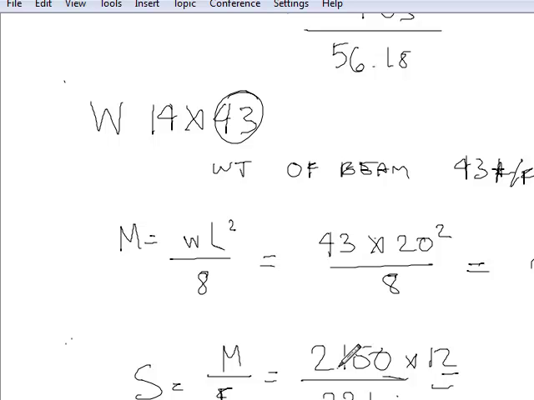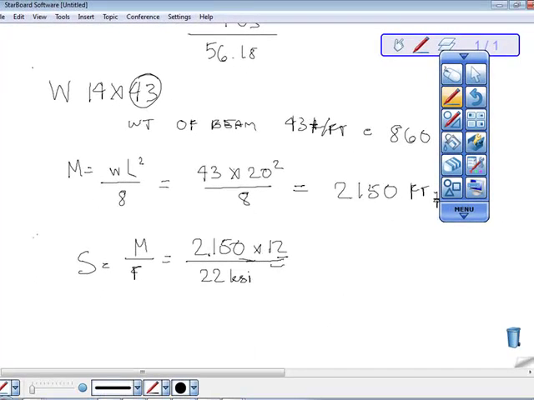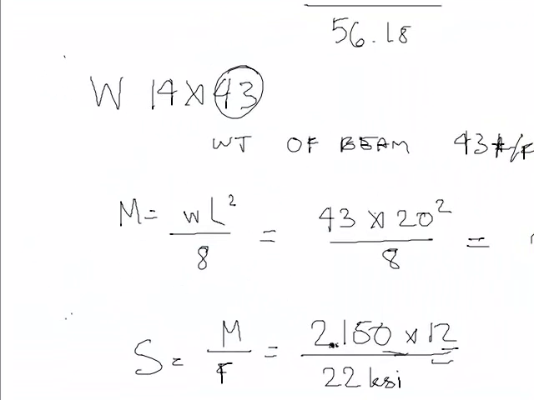So 2.150, they're both in kips. I added the decimal there because this is just pounds, and I'm making it kips.